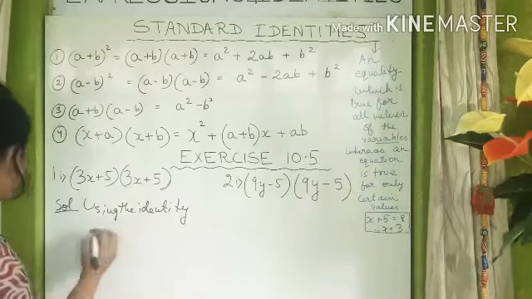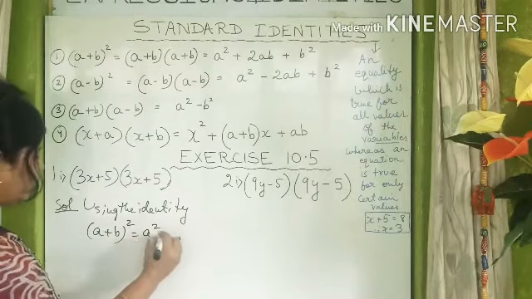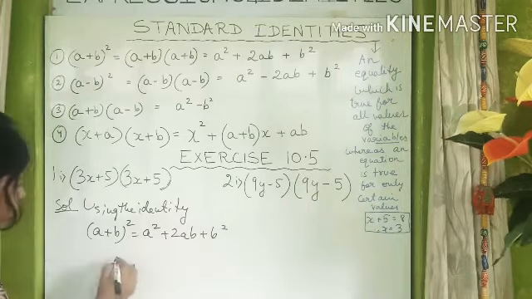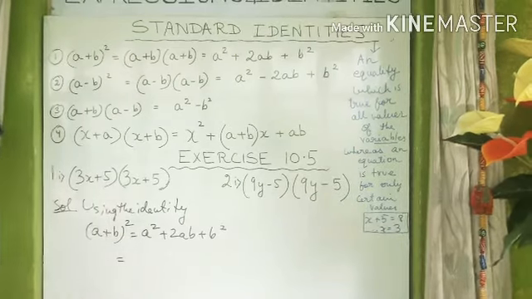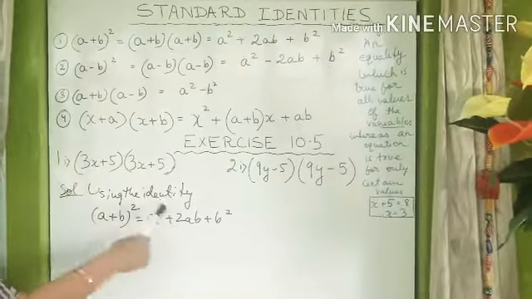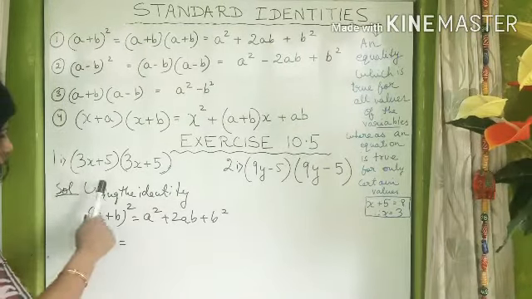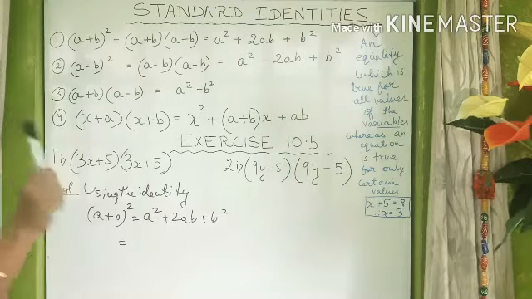So using the identity (a + b) whole square is equal to a square plus 2ab plus b square. Followed? Now here, what is my a? My a is 3x. What is my b? My b is 5. You have to be very particular.